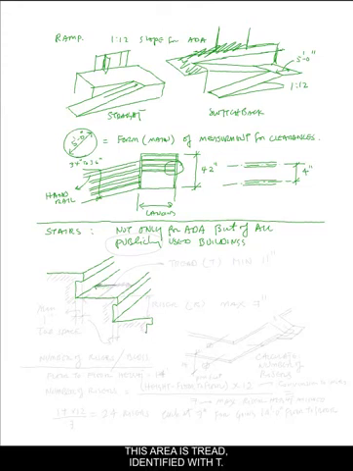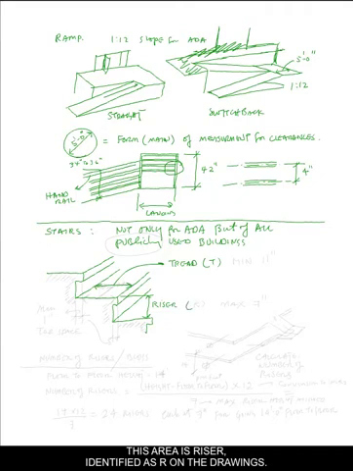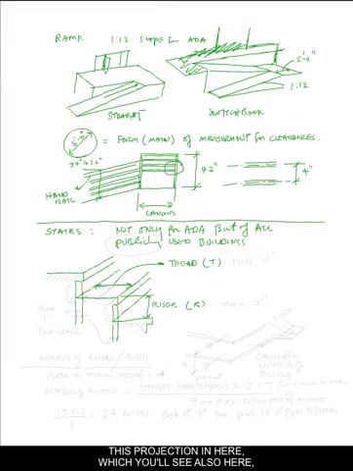This area is thread, identified with T. This area is riser, identified as R on the drawings. This projection in here, which you see also here, is minimum 1 inch, and that is called the toe space.